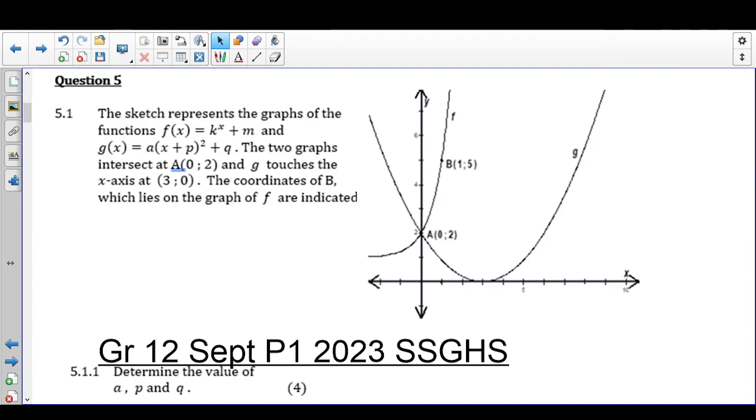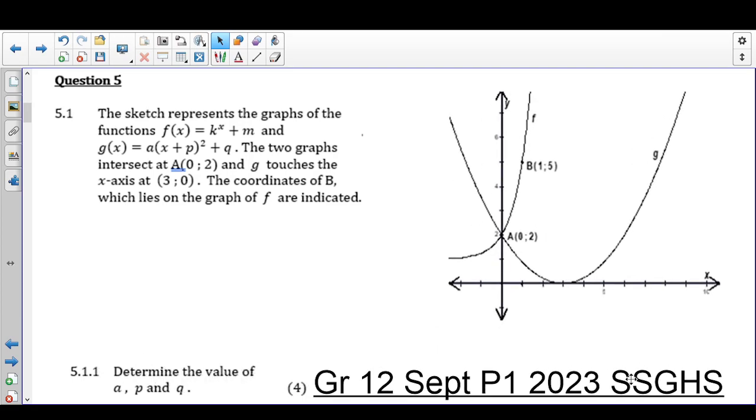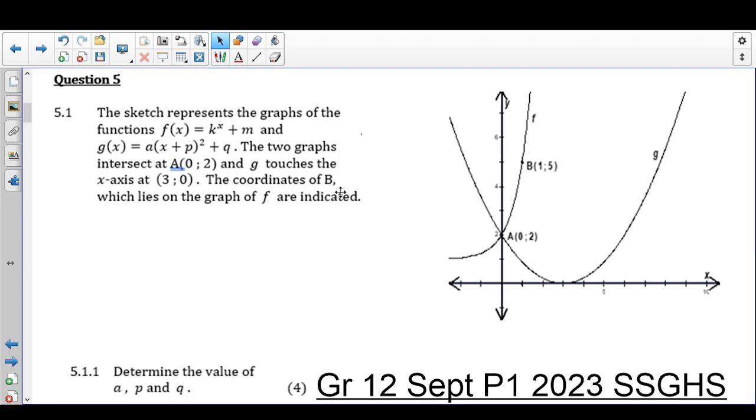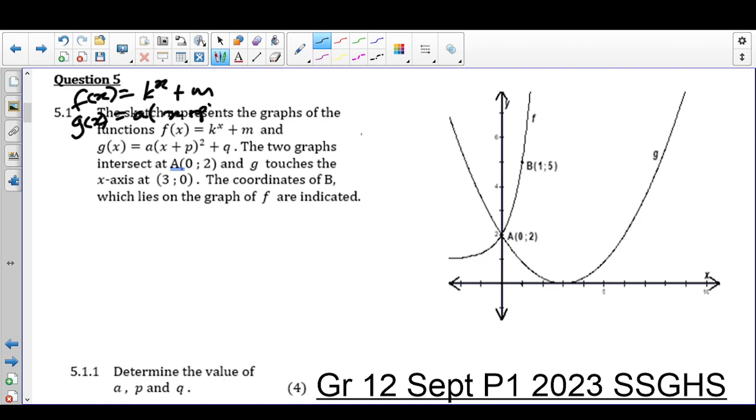We are told the sketch represents the graphs of f of x is equal to k to the x plus m, and g of x is a into x plus p squared plus q. The two graphs intersect at A, which is 0 and 2, and g touches the x-axis at 3 and 0. The coordinates of B is 1 and 5, which lies on the graph of f.